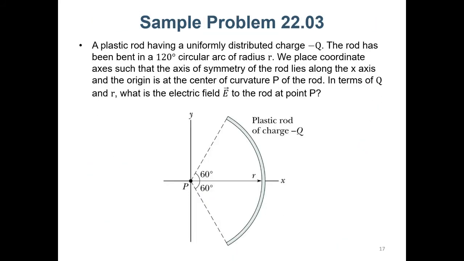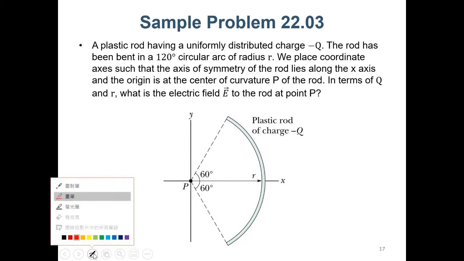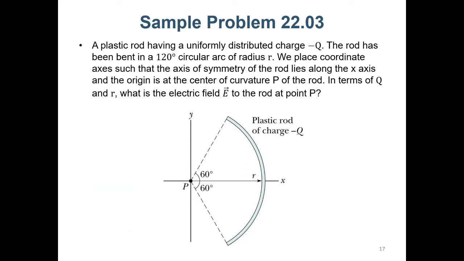So we have a sample problem. We have a plastic rod having a uniformly distributed charge, negative Q, on this rod. The rod has been bent into a 120 degree circular arc of radius R. The radius is R, and this angle is 120 degrees.